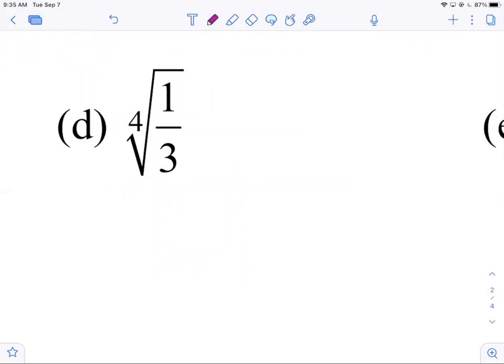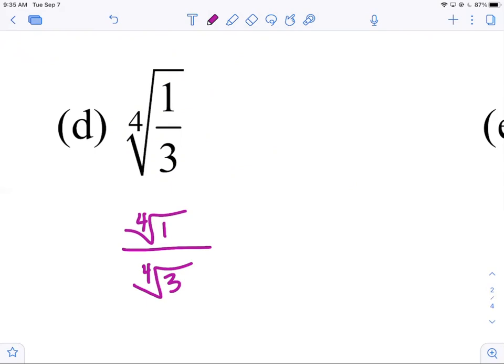So let's go ahead and use our properties of exponents, which is the same as the properties of radicals. It's really 1/3 all to the 1/4 power. So that's really 1 to the 1/4 over 3 to the 1/4, okay? Now we'll simplify.